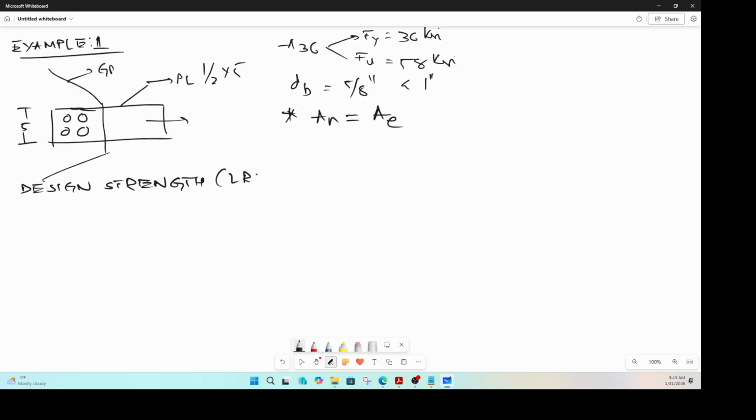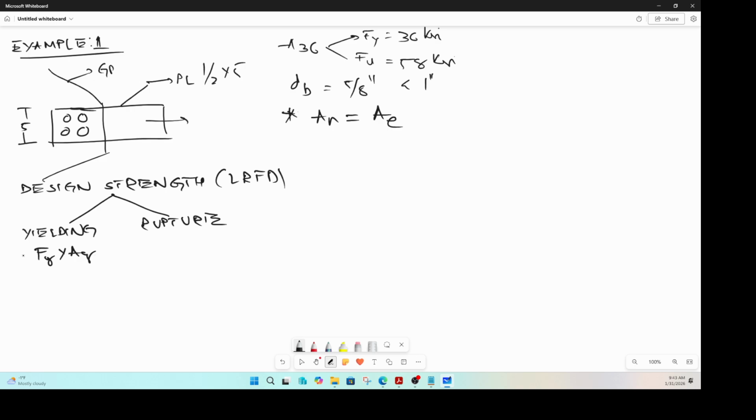for LRFD. Okay. So we know that the design strength is the least of, you'll have to calculate your yielding and your rupture, right? And the yielding strength, what is your yielding strength? Yielding happens on the gross area.